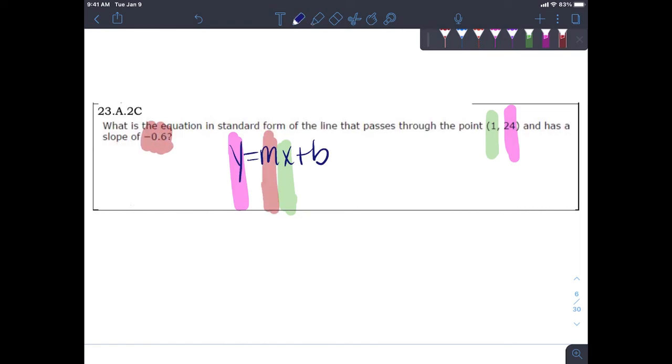So let's get those plugged in. All right. So I could go ahead and use an nSolve right here, and I could solve for b. I can also solve it by hand. So I'll do both.